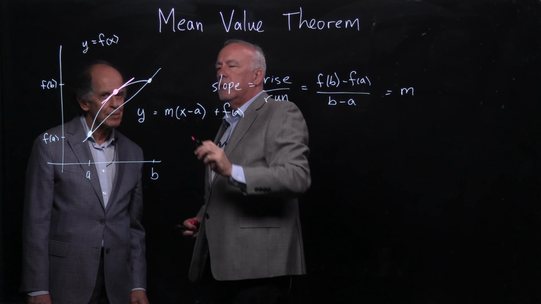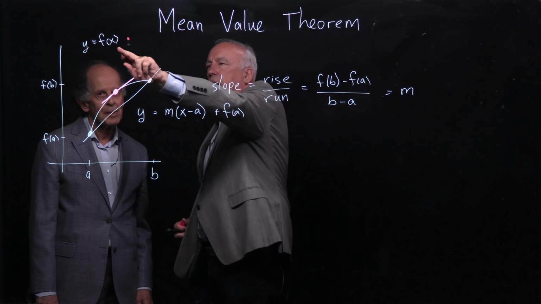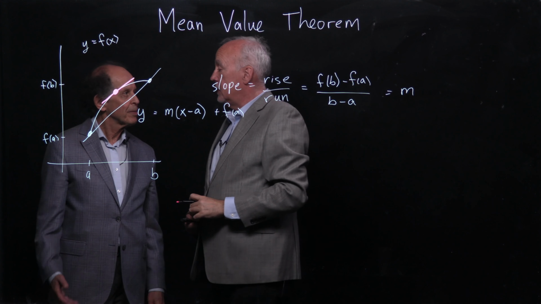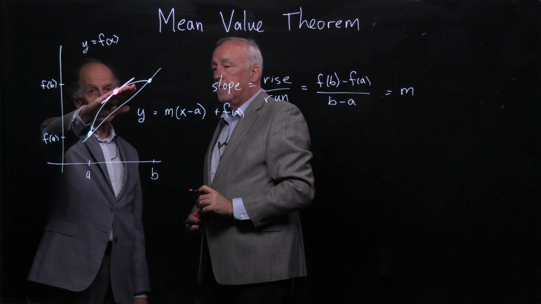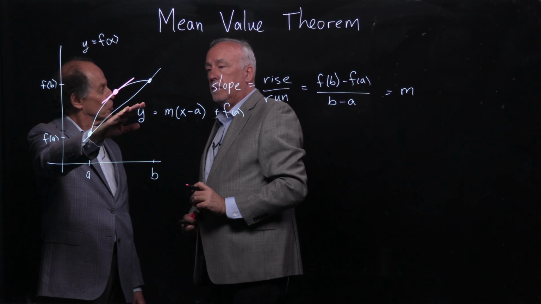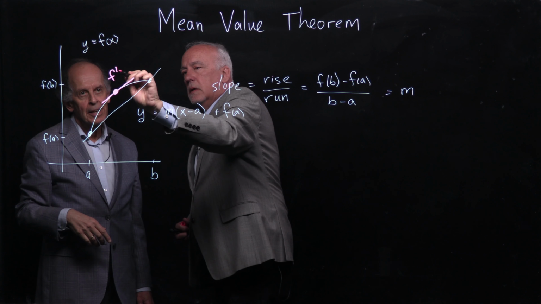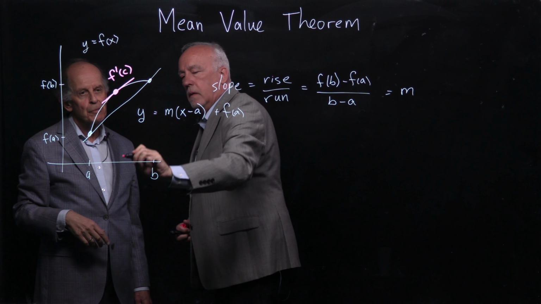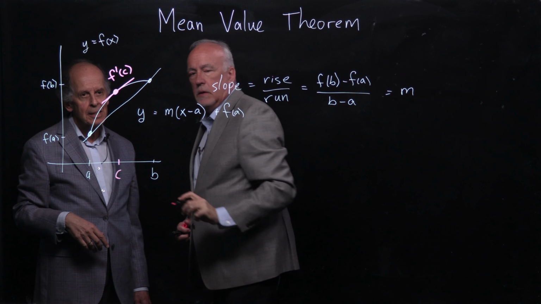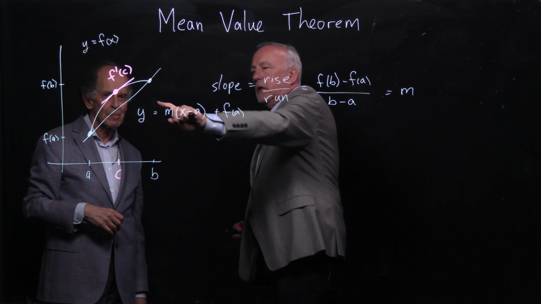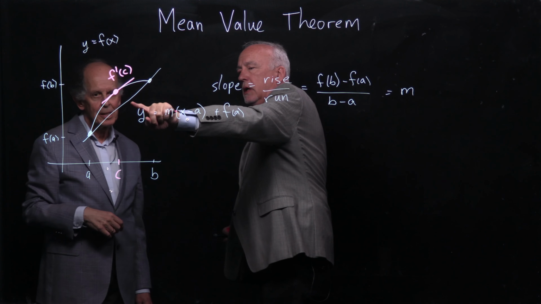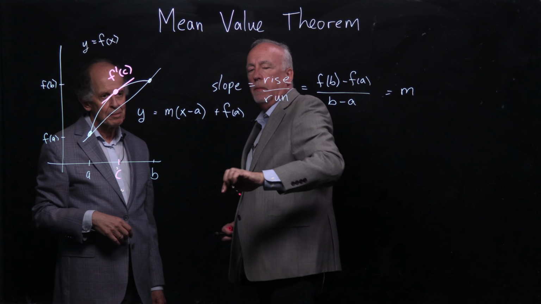Now, what do we know about tangent lines? How's that related to f? The slope right here has got to be equal to the slope right there. This is the derivative of some point c. So what we're saying is, if you look at this picture, f prime at c is equal to this slope m.